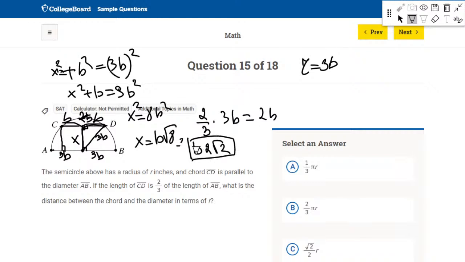And this is in terms of b, but we need r. So what is b here? b equals r divided by 3. So we just rewrite it: x equals r divided by 3 times 2 square root of 2.